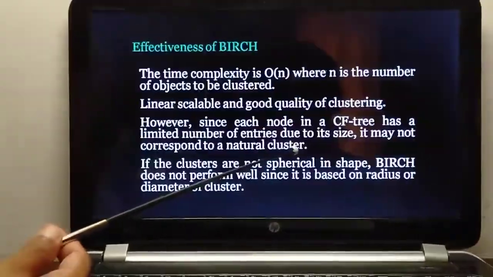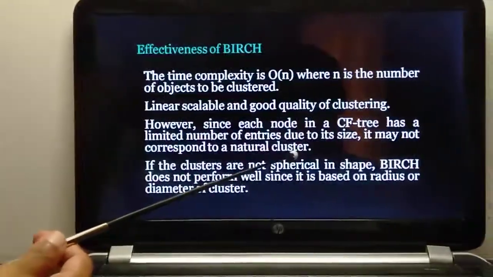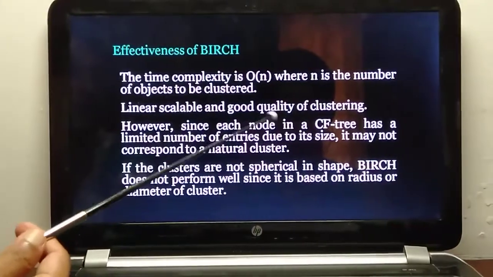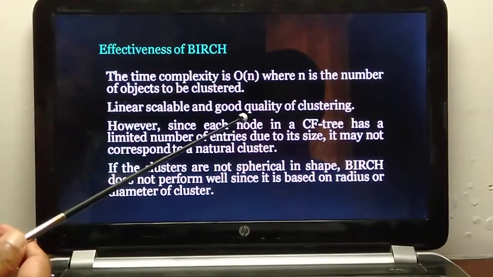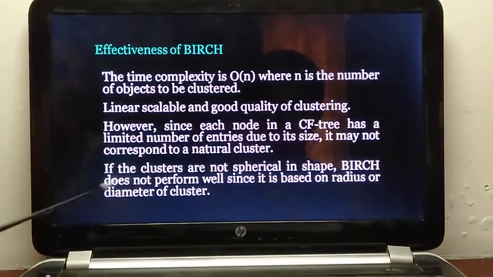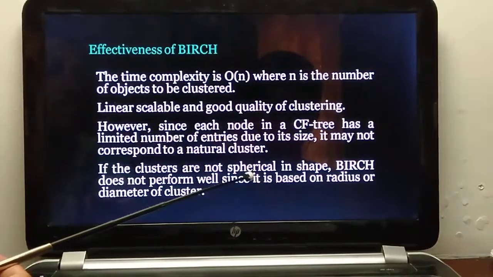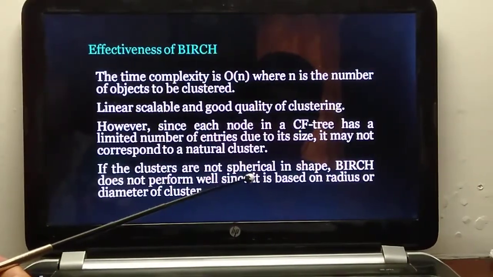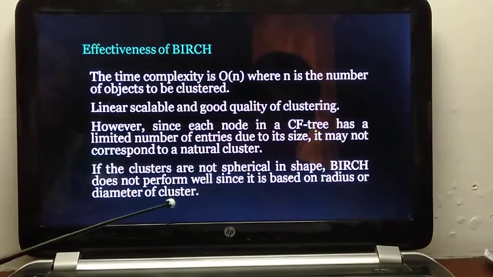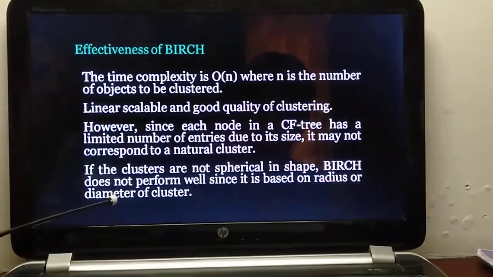Maybe in the natural clustering, the diameter is not what we have fixed as T. So it may give you a skewed clustering, but the assumption is that we get good quality clustering because we fix T based on domain knowledge. If the clusters are not spherical in shape, that is, if the distance measure is not a good measure, then the BIRCH algorithm may not perform properly because it is also based on radius and diameter.